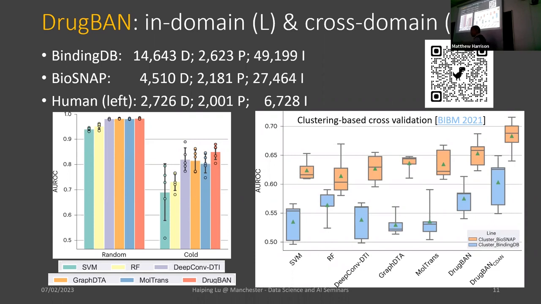That's called cold split. So that's much more challenging. In the test set, the drug and target have never appeared in the training set, and also their interactions. And therefore, different ways of evaluation can give you different conclusions.